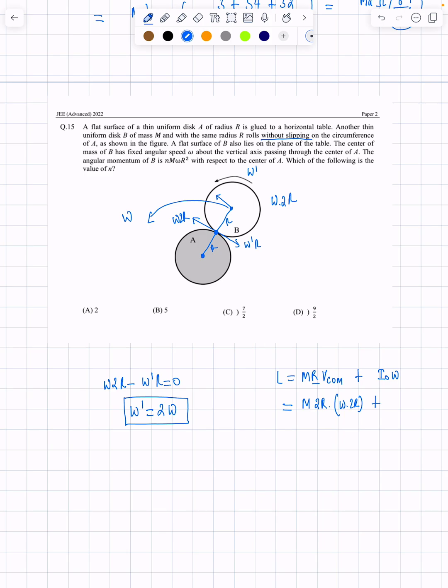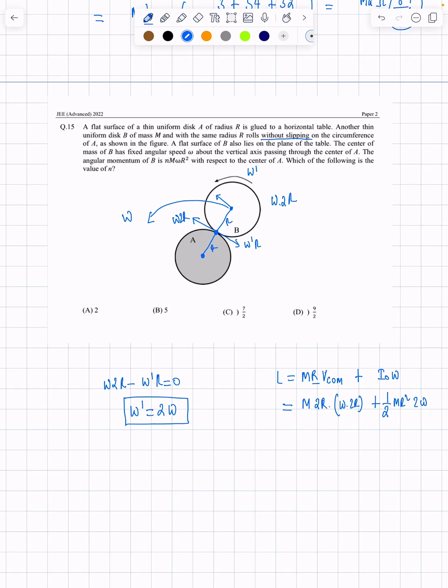The second term is I naught, which for the disk is half mr square, and the omega is the angular velocity around the axis through its own center of mass, which we just found is 2 omega.